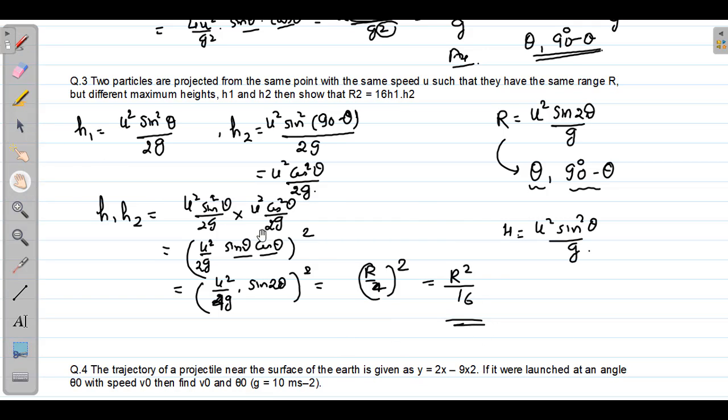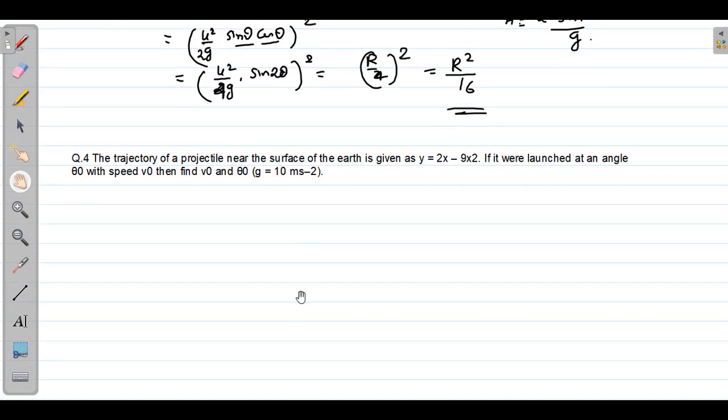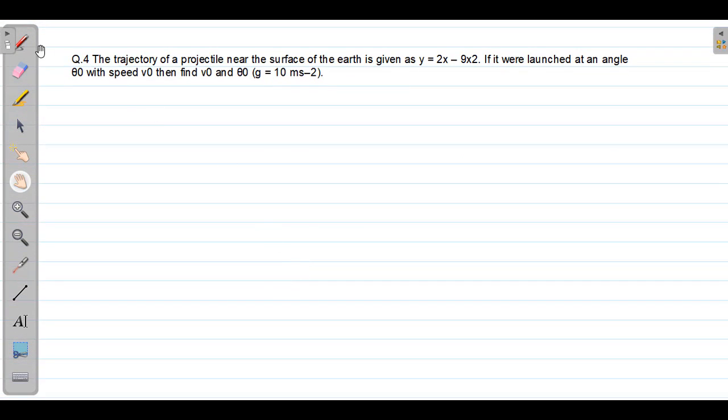Next question is question number 4. The trajectory of a projectile near the surface of Earth is given as y equal to 2x minus 9x square.